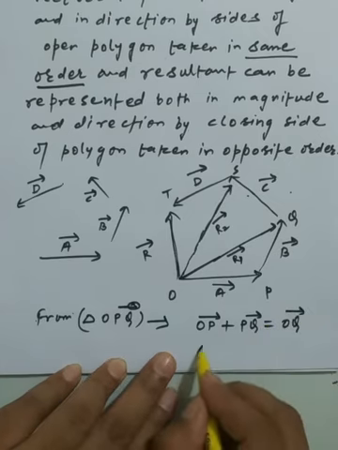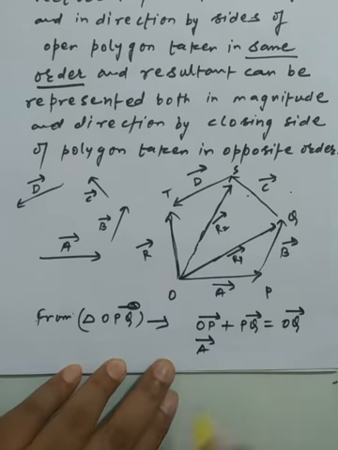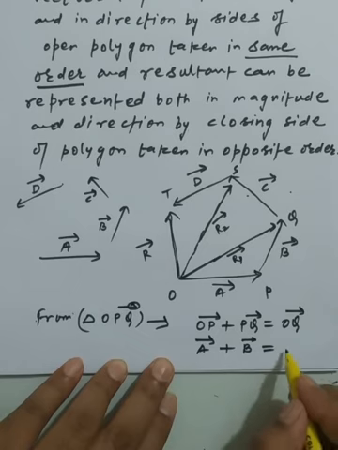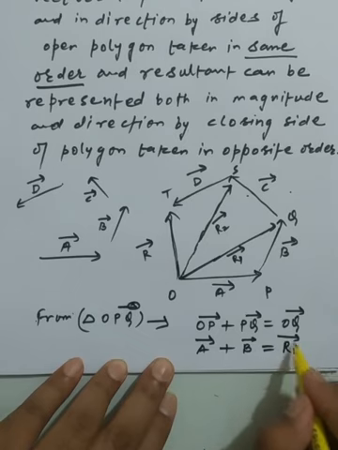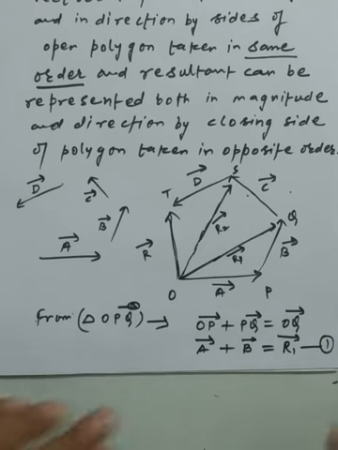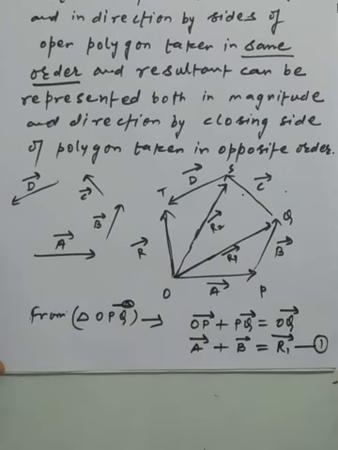OP vector is simply the vector A we have, PQ is vector B, and here we have the first resultant, called R1. So this is equation number 1 on behalf of the triangle law of vector addition. This is the specialty of this kind of rule.